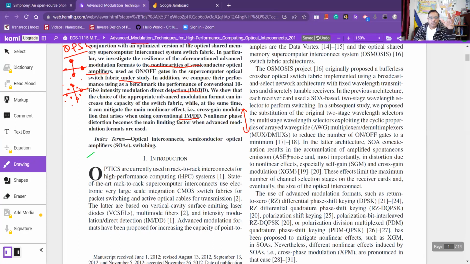Introduction. Optics are currently used in rack-to-rack interconnects for high-performance computing systems. What does rack-to-rack mean? In a data center, there are different racks, and in them we have transceivers.